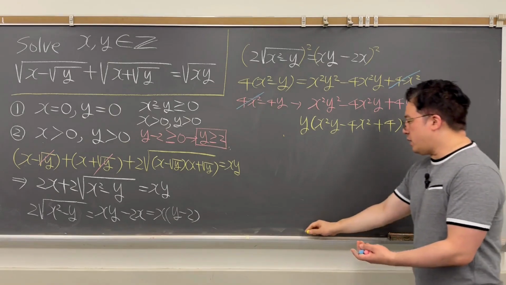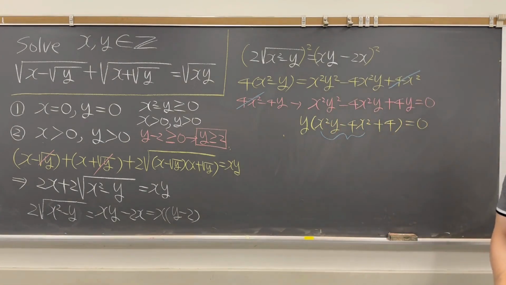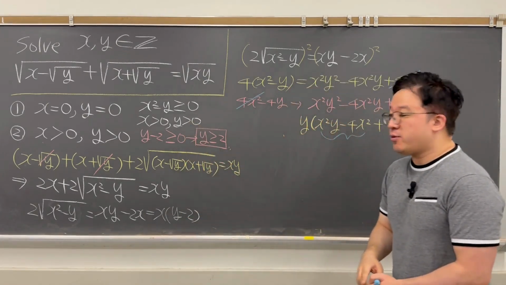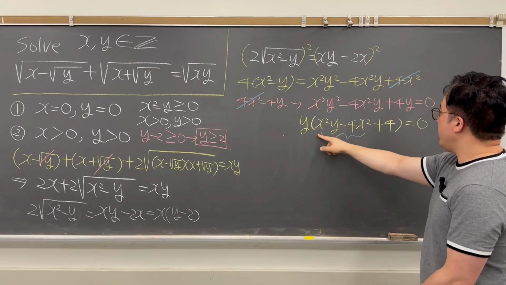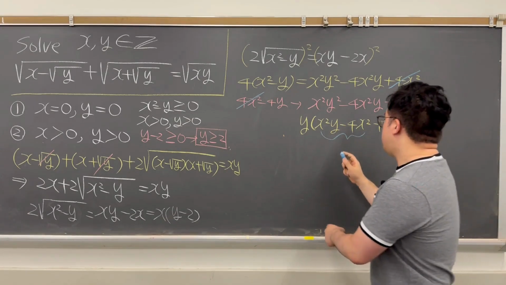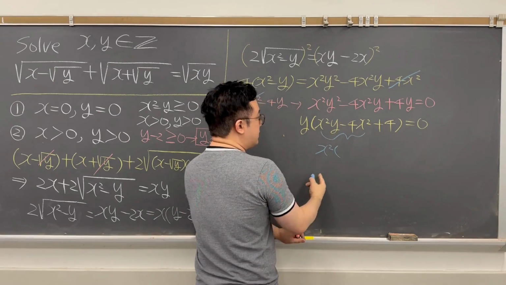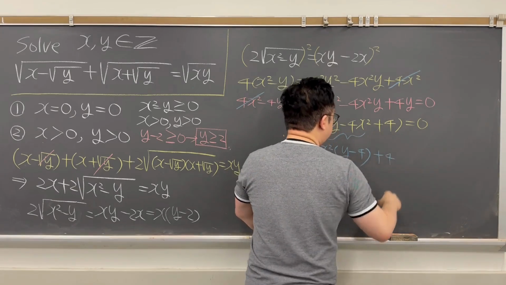Okay, now we can focus on these two terms inside of your parenthesis because we already assumed that your y was strictly greater than 0, right? Then if you focus on those two terms inside of your parenthesis, we can factor this x squared out and make another parenthesis, then we have y minus 4, and then plus 4 after.